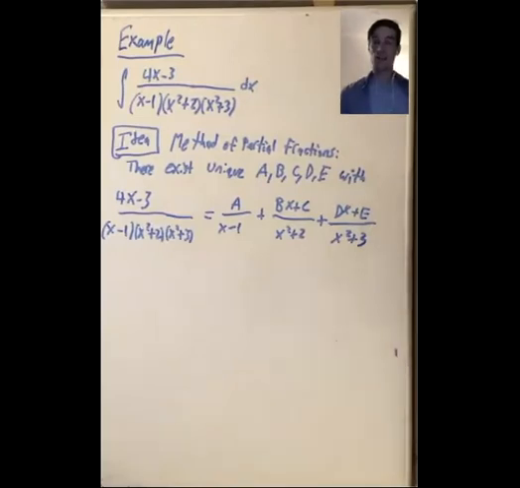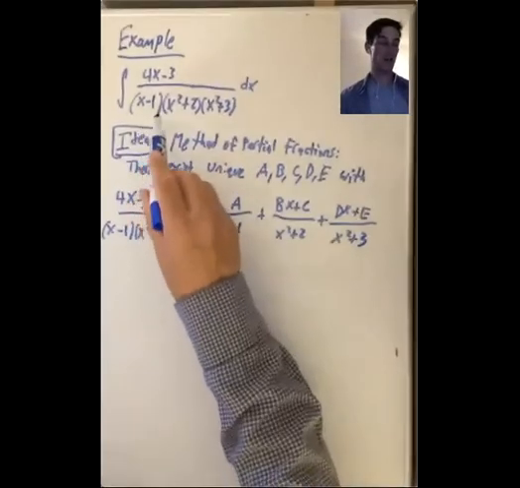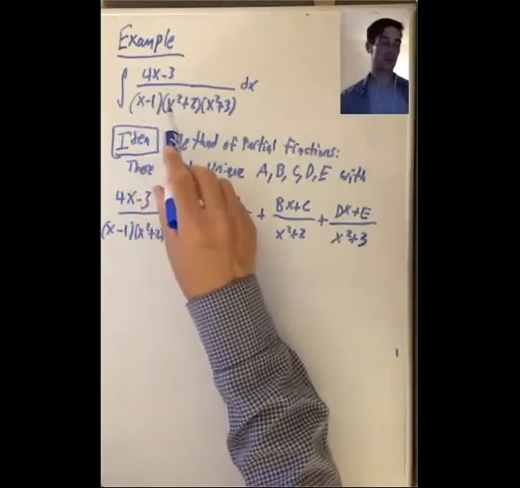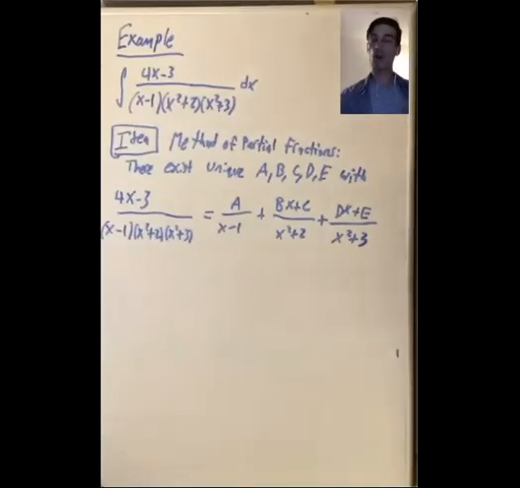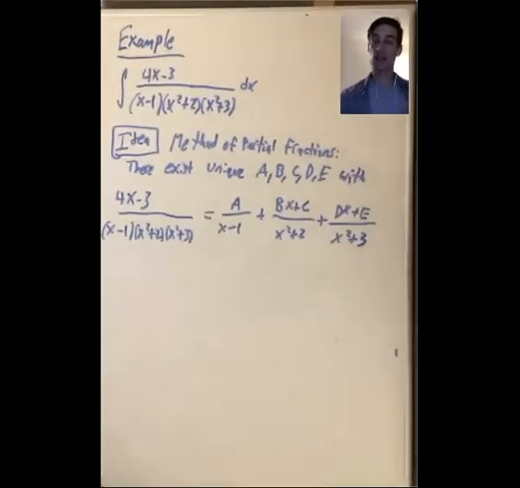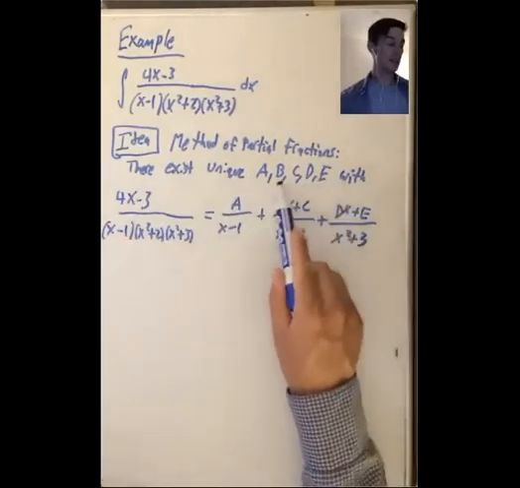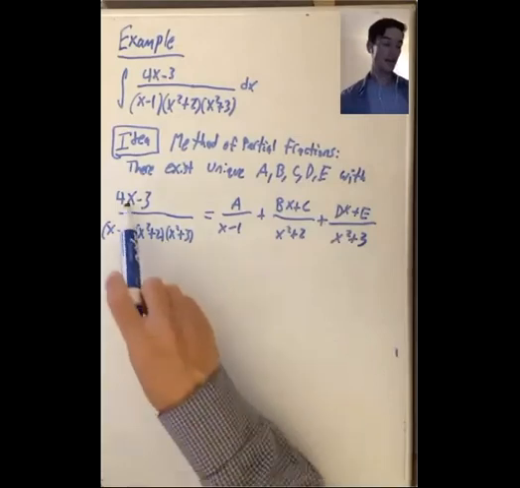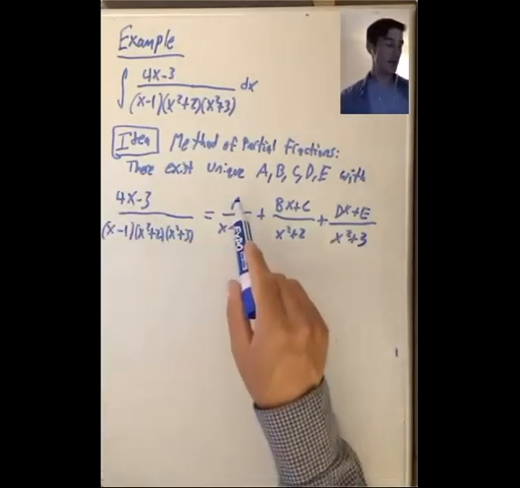The last thing I want to talk about in this video is what if you have a more complicated denominator that maybe has more than one irreducible quadratic factor. So let's take the integral of 4x minus 3 over x minus 1, a linear factor, times x squared plus 2 times x squared plus 3. What does the method of partial fractions tell us in this case? It tells us that there exist 5 unique numbers, a, b, c, d, e, with 4x minus 3 over this denominator equals a over x minus 1.